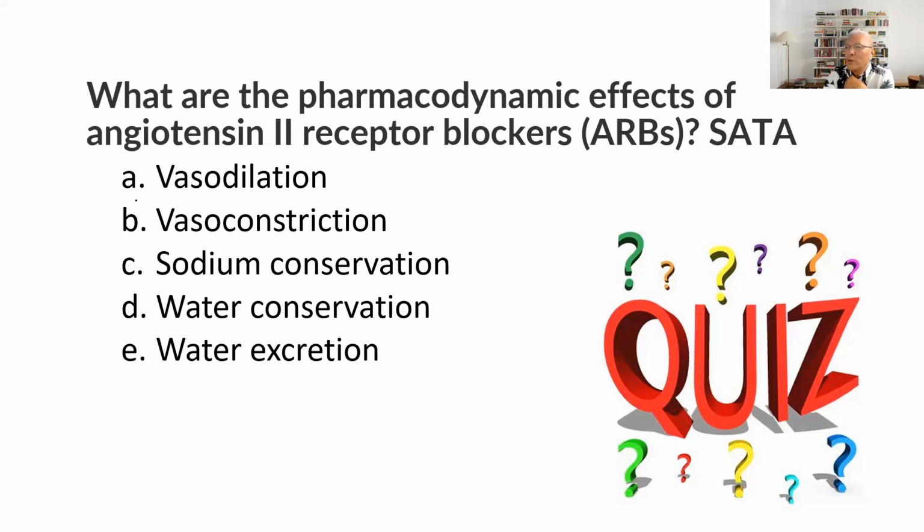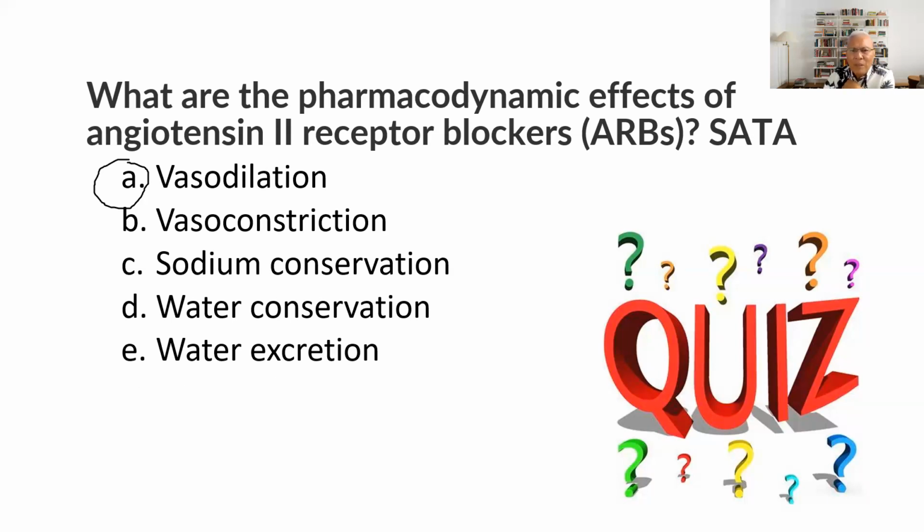Okay, so what are the pharmacodynamic effects of angiotensin 2 blockers? Select all that apply. All right, so it certainly will cause vasodilation because it interrupts with the vasoconstricting effects of angiotensin 2 receptors. And so what's going to happen is that you will have sodium and water excretion.